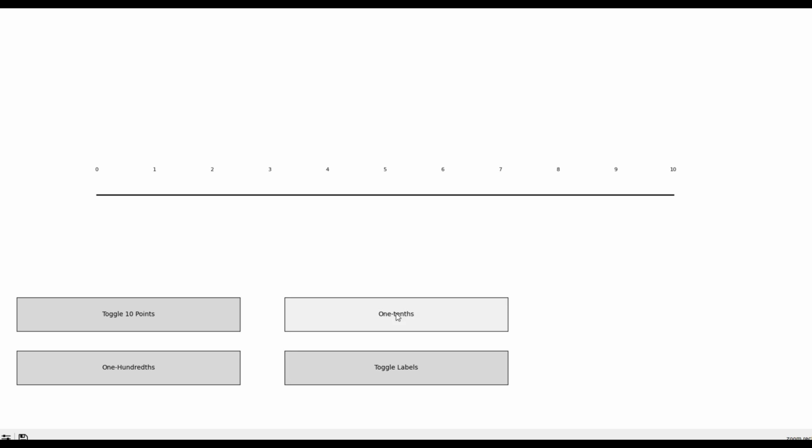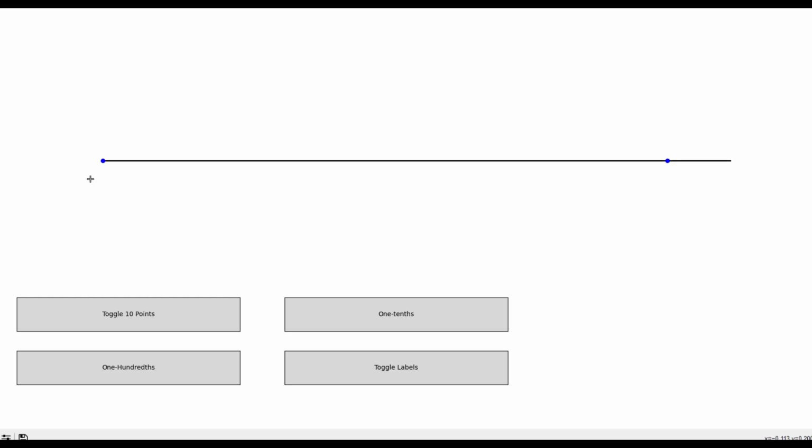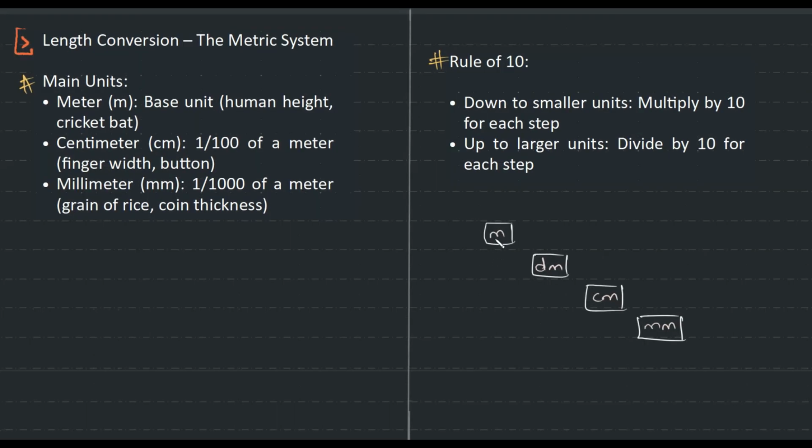If I divide it into 10 equal parts, each of these parts is a decimeter. So what I have written over here is that a meter gets converted into decimeter on multiplying by 10. If I'm taking a step down, each of these lengths is reducing by a factor of 10.